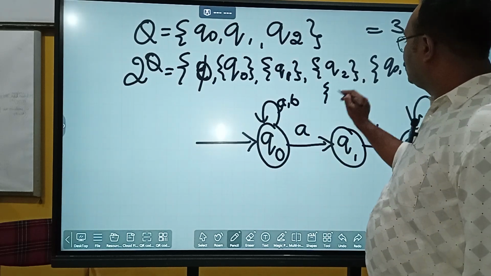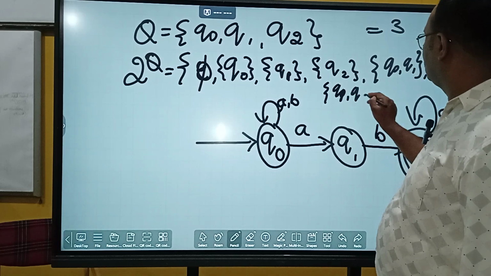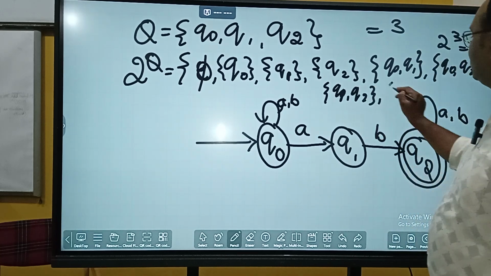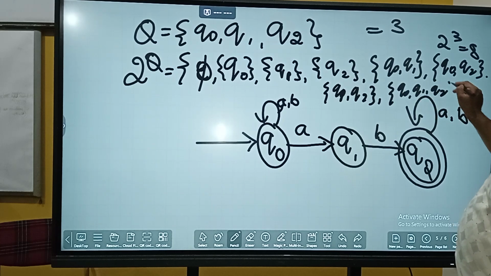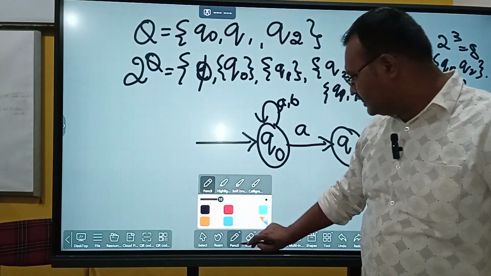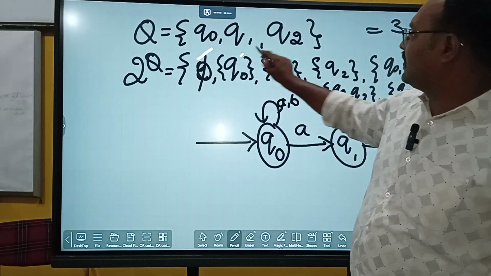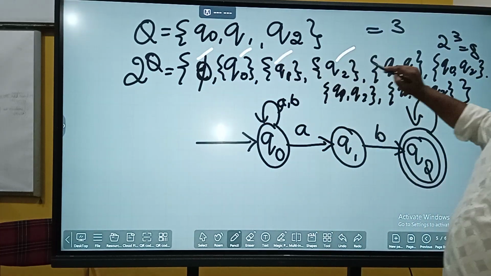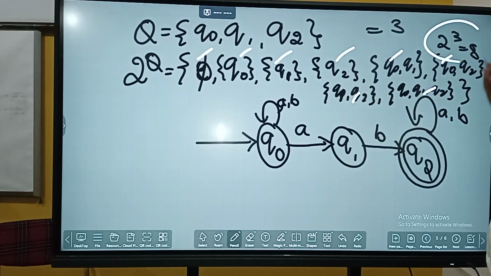Then Q1, Q2. And Q naught, Q1 and Q2. How many did we get? Just check. First, second, third, fourth, 5, 6, 7, 8, which is equal to the total number of sets we are getting.